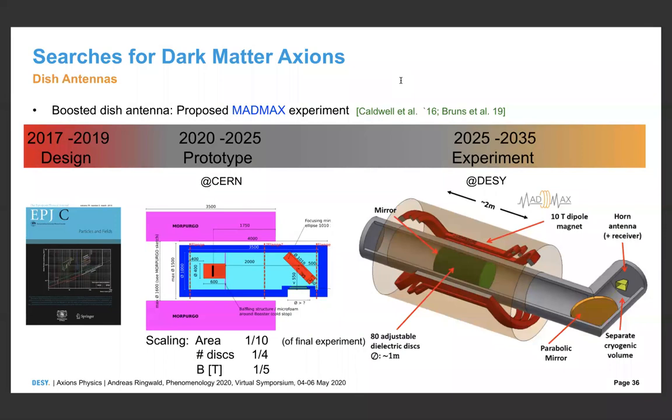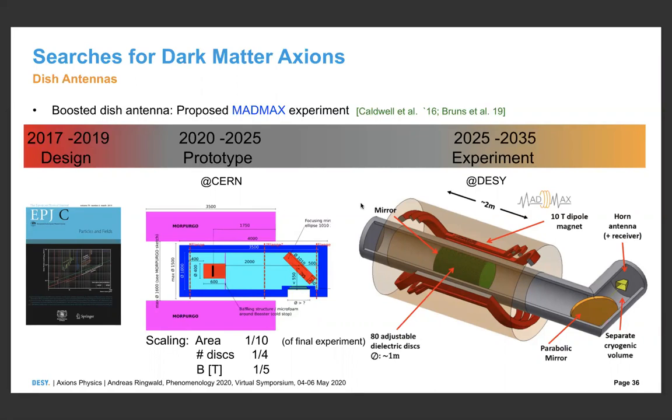This is the so-called MADMAX experiment, which wants to use a boosted dish antenna. The conceptual design report has been published. A prototype will be employed at CERN this year or next year.